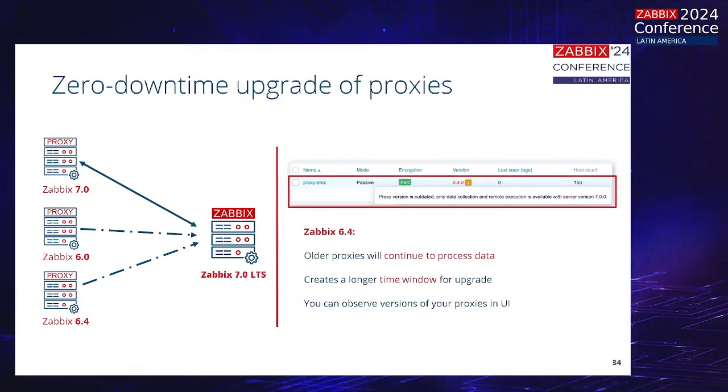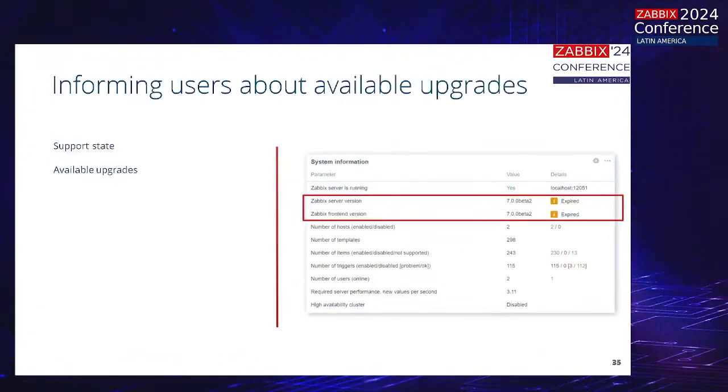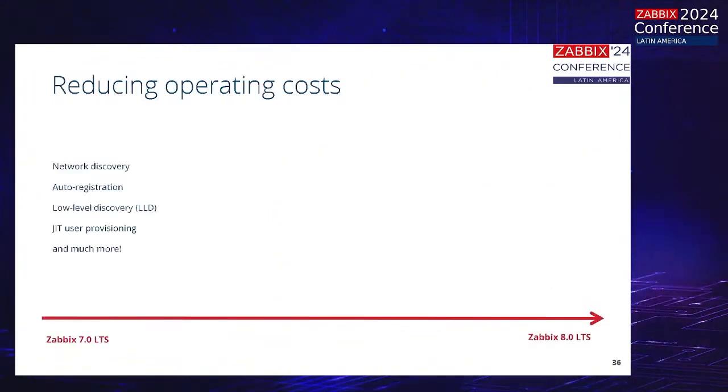And a good thing is that we actually have all information about versions of proxies and their compatibility in the Zabbix UI. 7.0 has also introduced a quite minor but very useful feature: Zabbix will inform you about new releases of Zabbix. If you're running 7.0.0 and then 7.0.1 is released, you can be notified immediately, and you see there is a new version of Zabbix. You may go and download it.